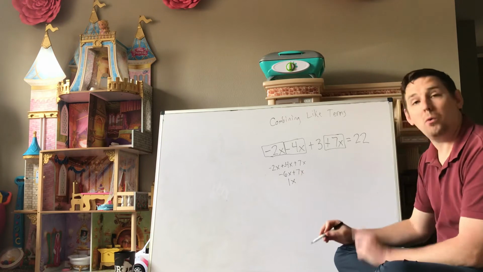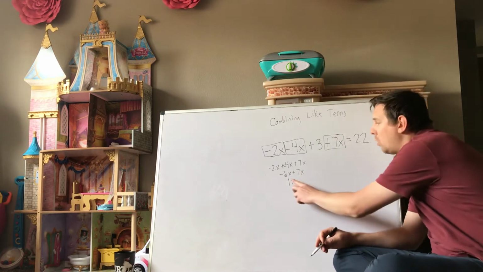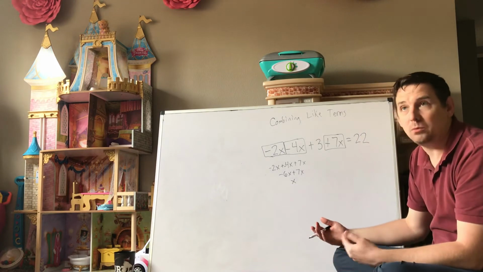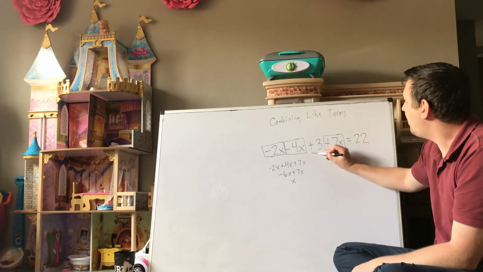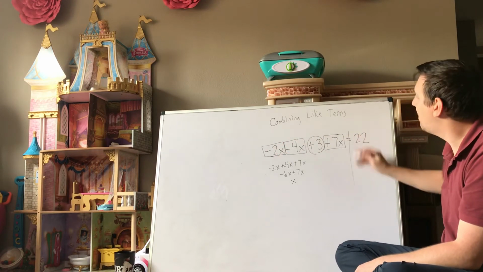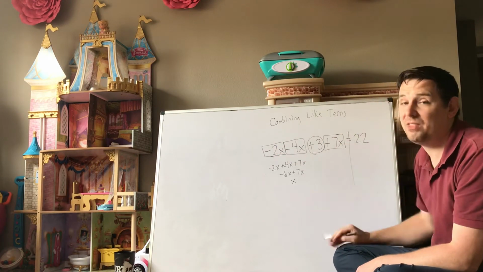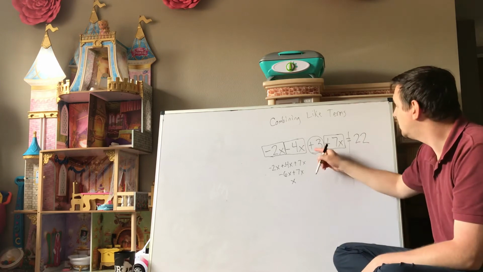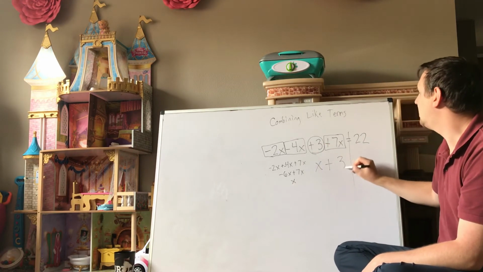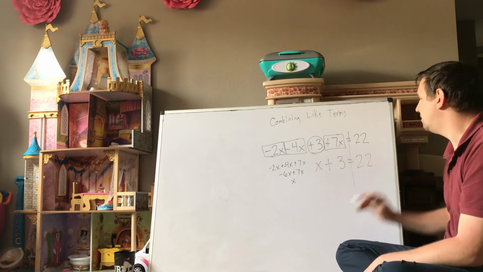Now, you can put 1x, or since it's a 1, you can just leave it as x. This positive 3 has nowhere to combine with. Again, we're combining the stuff on the same side of the equal sign, then we're going to solve it. So we have 1x plus 3 is 22.